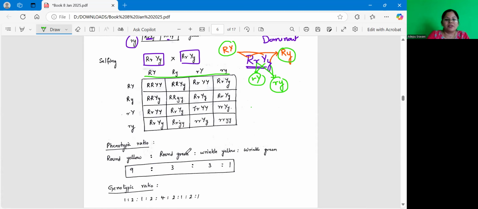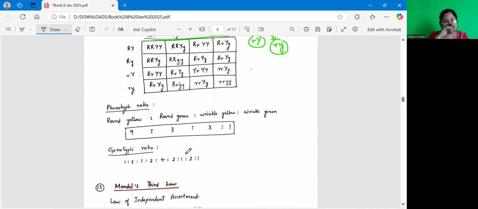So here, what are the things we are getting now? Again, you have to look for the phenotypic and genotypic ratio. Here, in the phenotypic ratio, we are getting four types of phenotypes. Round yellow: both of them are dominant. Round is dominant, yellow color is dominant. Wrinkled green: both of them are recessive. Clear? And what is the ratio there? 9 are round yellow, 1 is recessive.